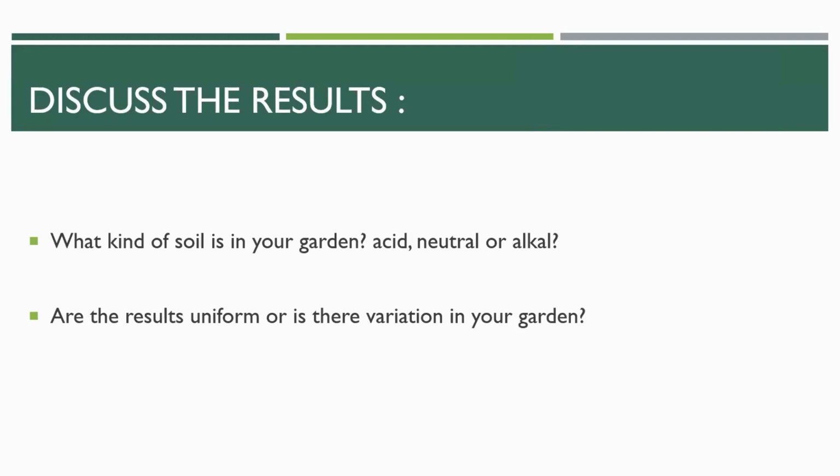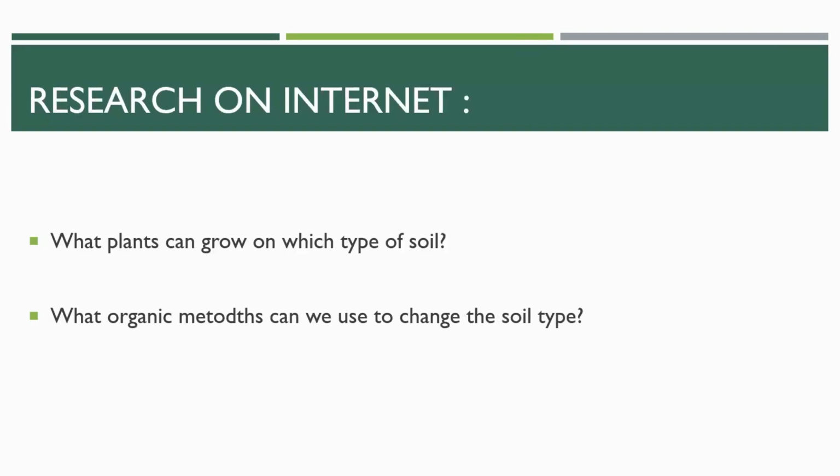And are the results uniform or is there variation in your garden? Students can research on the internet what plants can grow on which type of soil and what organic methods we can use to change the soil type if we have very alkaline or very acid soil.